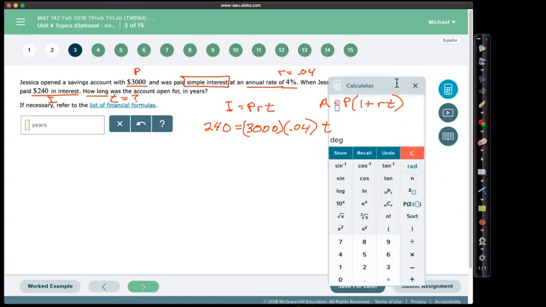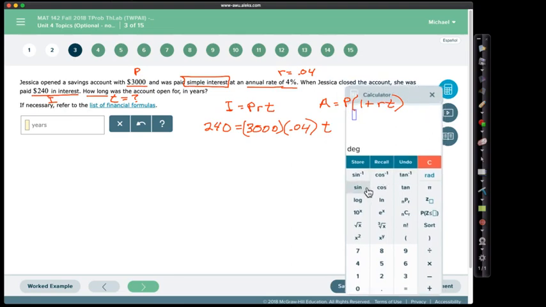Got the Alex calculator down a little bit. So we're going to take 3,000 times 0.04. That gives us 120. So now we're down to 240 equals 120 times t. And some of you say, okay, if I divide 240 by 120, that looks like about 2 to me.